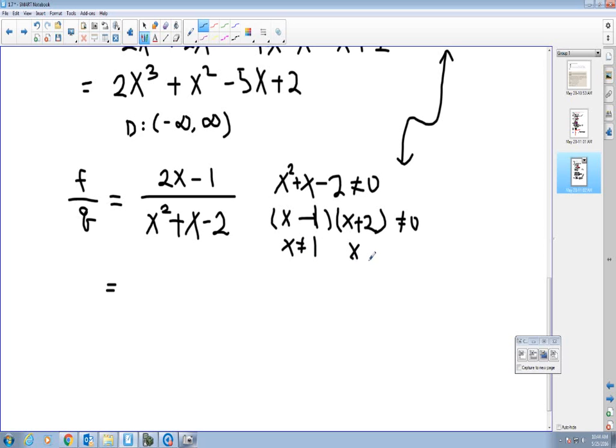The other x cannot equal negative 2. So as you can see, x minus 1, x plus 2 cannot be reduced with the top. If I could reduce it, whatever I end up reducing will be a hole in my graph. And since I cannot reduce anything, these two answers here are actually my vertical asymptotes.